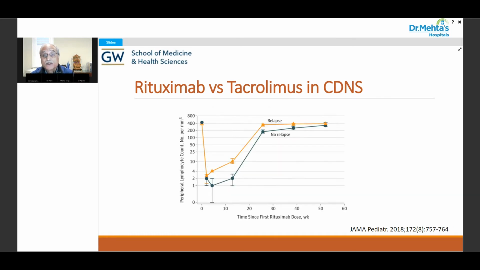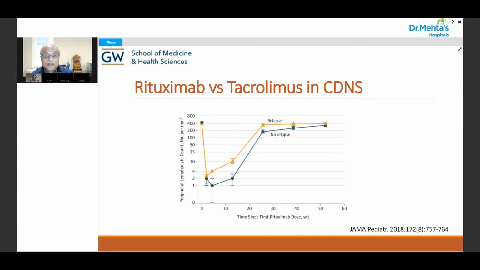Interestingly and importantly, what rituximab does is that you have a significant and sudden drop of the peripheral lymphocyte count, which persists for about 15 weeks. And in this particular study, and the authors did not really emphasize this point, the non-relapsers actually had a lower lymphocyte count for a significant amount of time, about 40 weeks almost, in contrast with the relapsers.